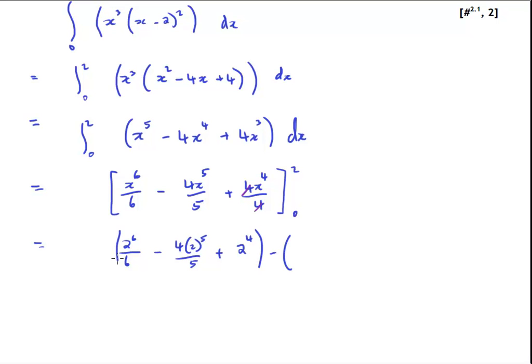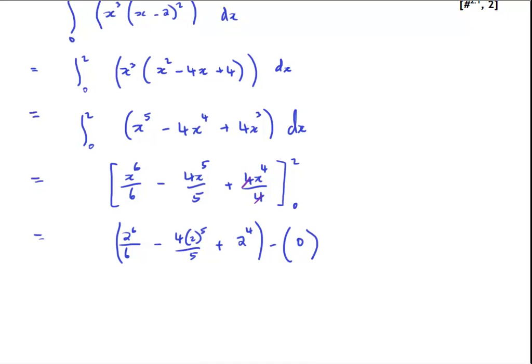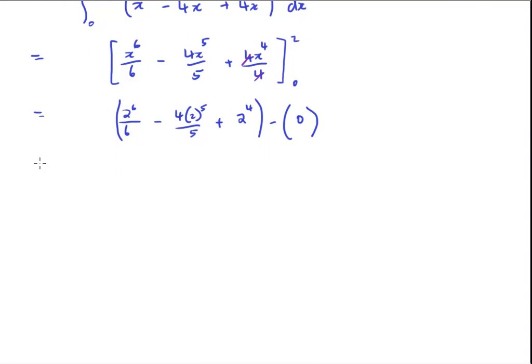Now you might spot already that substituting 0 in for x in these three terms will ultimately give 0, but you must acknowledge that by showing that you've remembered that lower limit, you've substituted it in, and you've gone to 0. Now, you've got the calculator for this, but I would certainly recommend working out at least the numerators, just so that there are no mistakes when you're keying into your calculator.